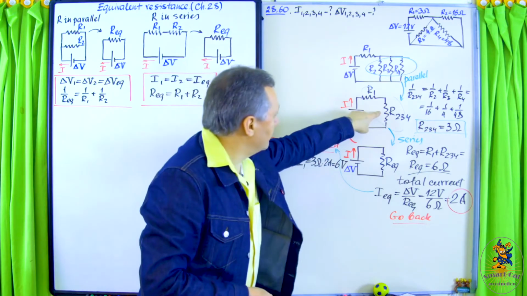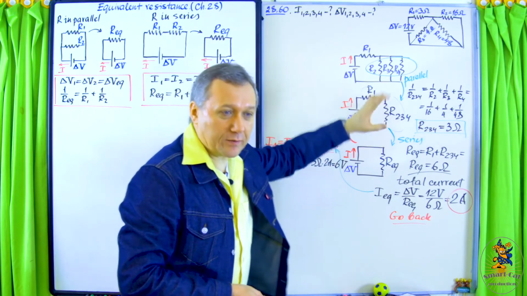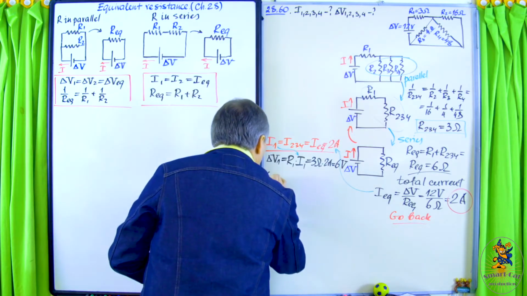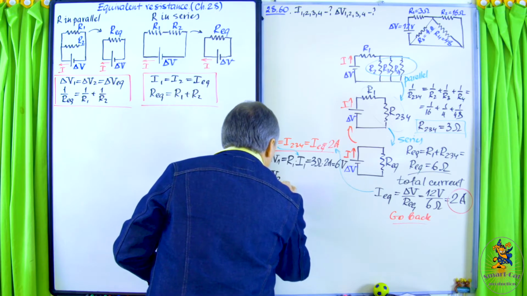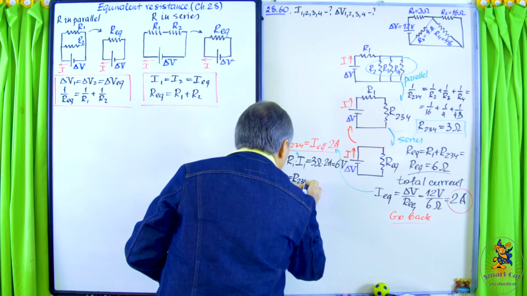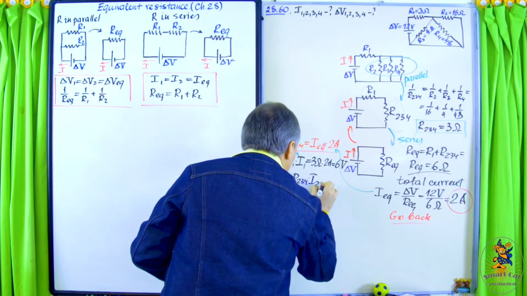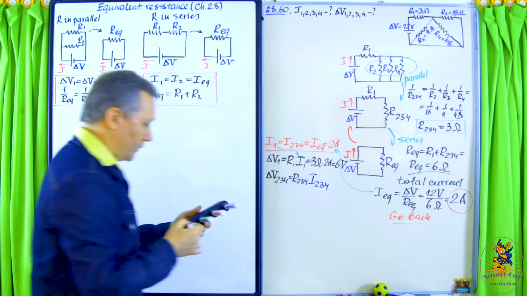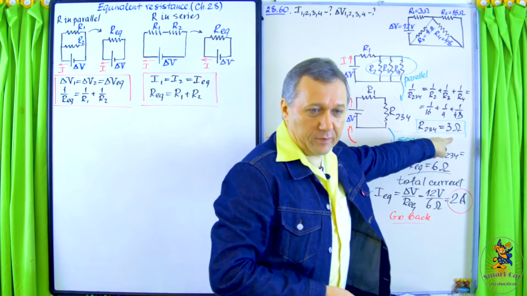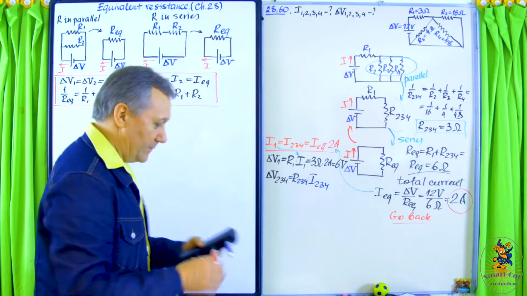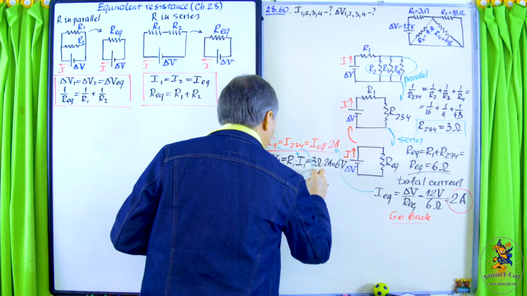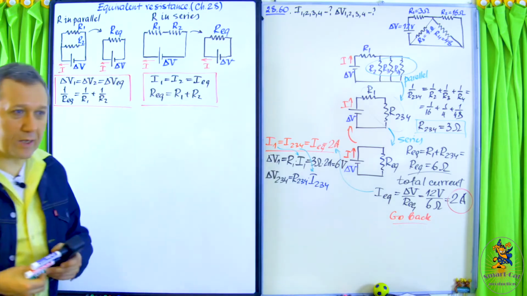But we still have R2,3,4. Inside of that resistor there is still plenty of hidden information. So now let's find the potential difference across R2,3,4. Of course it will be R2,3,4 times I2,3,4. We found the value of the resistor, and the current, again, comes from the bridge: 2 amps.